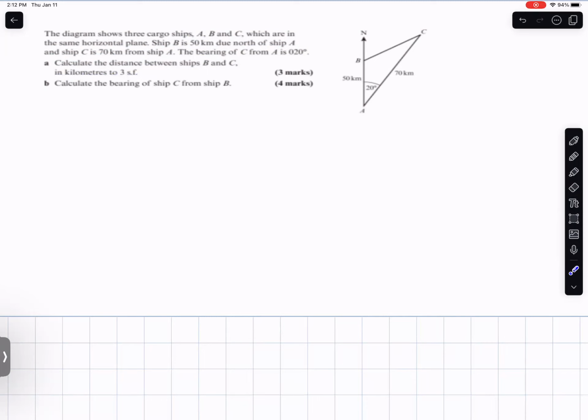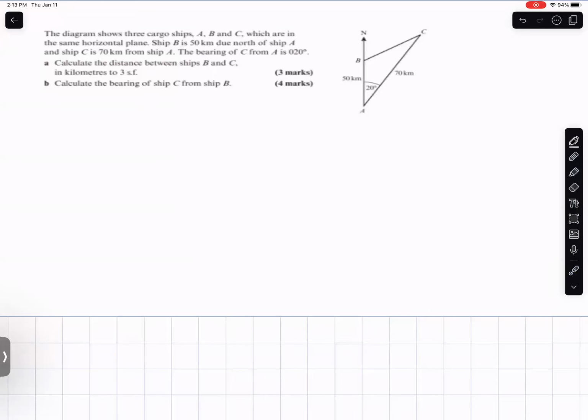So we are looking at this shape here. We'll be using this shape to solve for the distance between B and C, and also to calculate the bearing of C from B. So we have our bearings here.